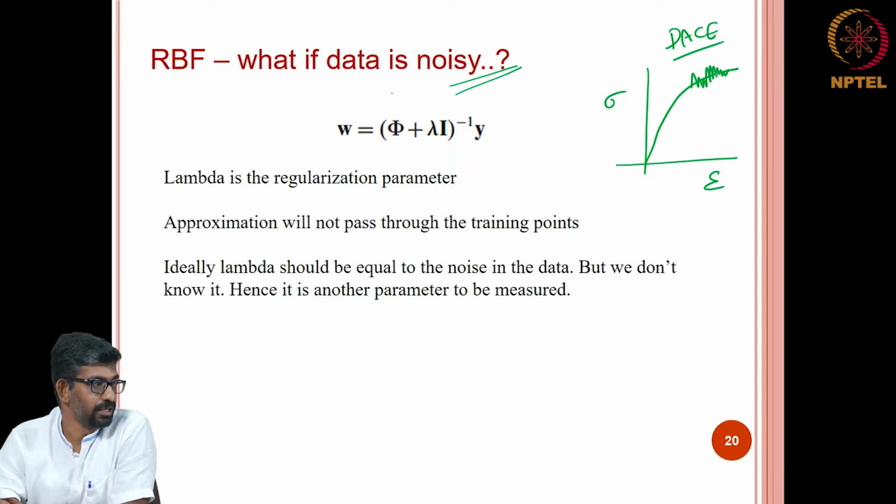If I change the person who tightened the specimen, I might get a slightly different one. Even my Young's modulus might change a little bit. The moment I put in a second specimen, I might get a slightly different result. So the curves that you see are average curves, which is not explicitly mentioned. So you don't want to follow any of these lines, because the data themselves are noisy.